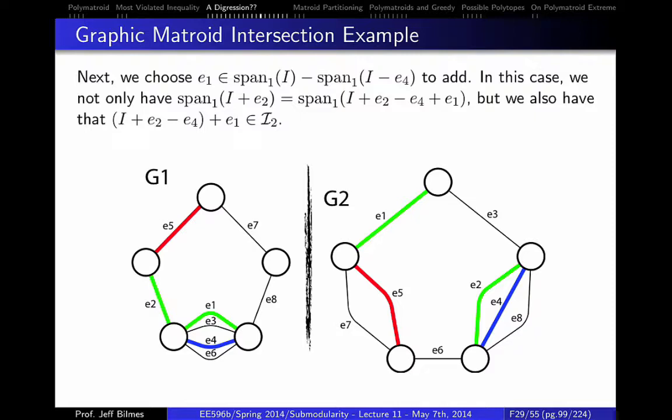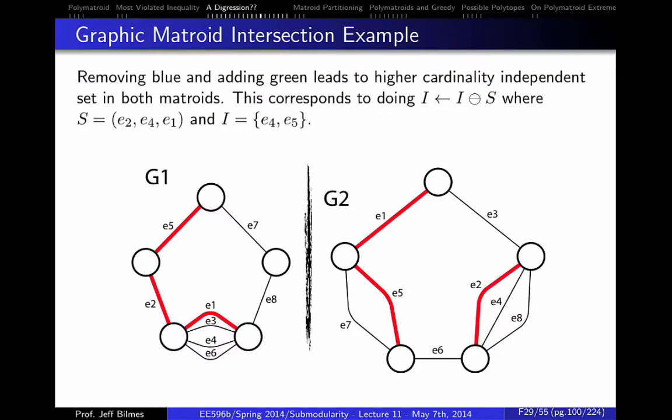But we're lucky now, because we're independent in Matroid 2, which is great. So if we do out with the blue and in with the green, we're independent in both. This particular sequence, the augmenting sequence, increased the size of the independent sets in both matroids.